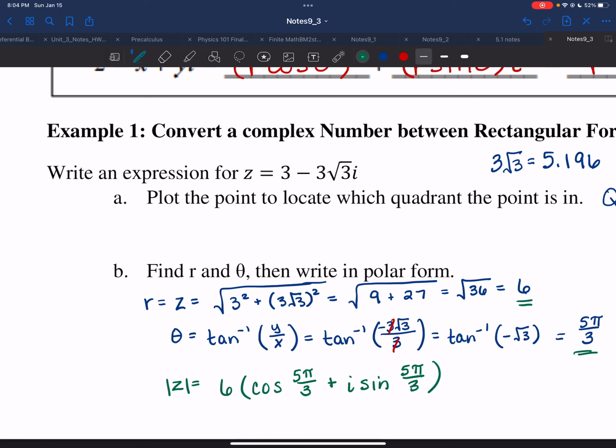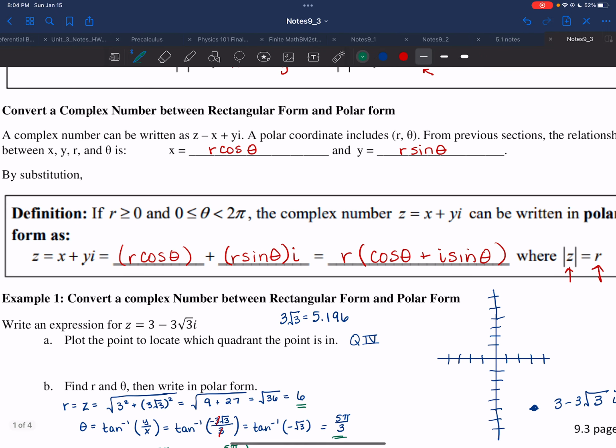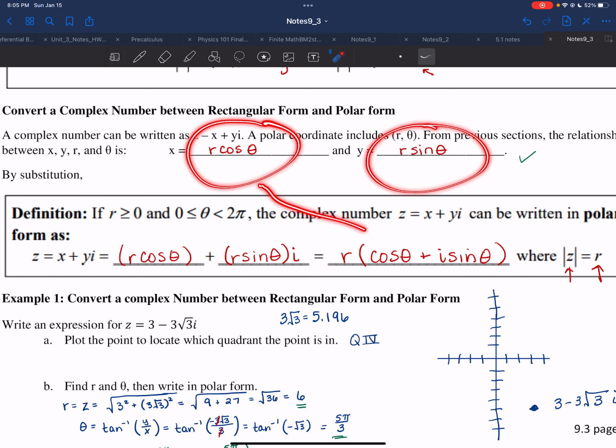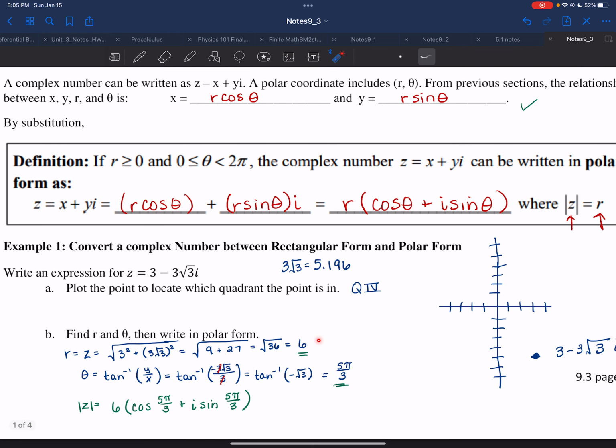So it seems like a lot. You guys are used to it for sure up until this area here, and we're just taking that and writing it in a slightly different format. So same procedure here to get your |z| value or your r value, your magnitude, and then the same process that we've used to get your angle. Okay?